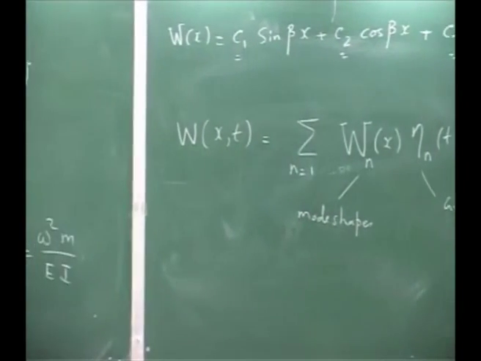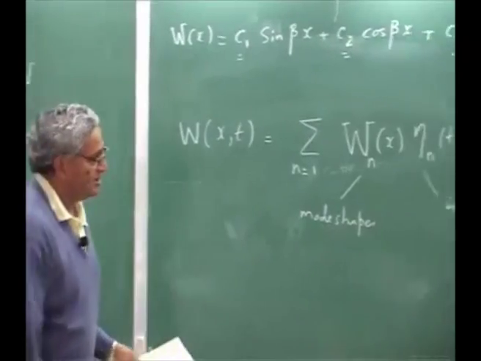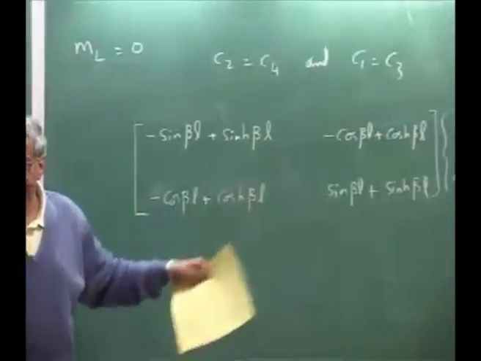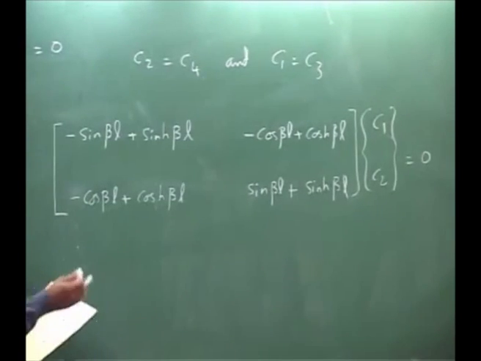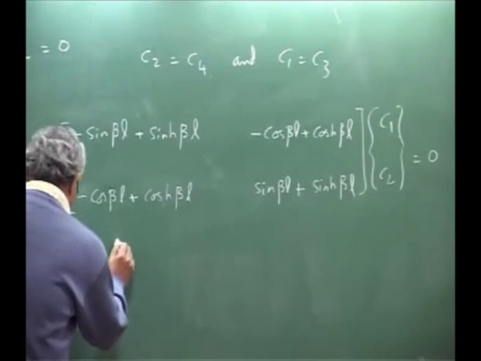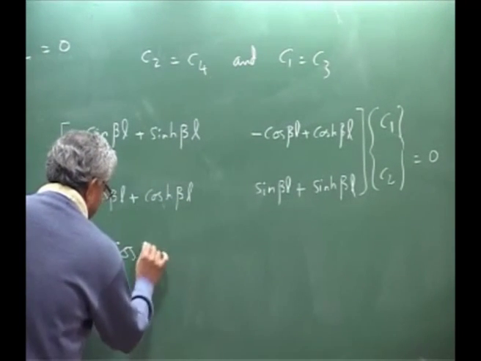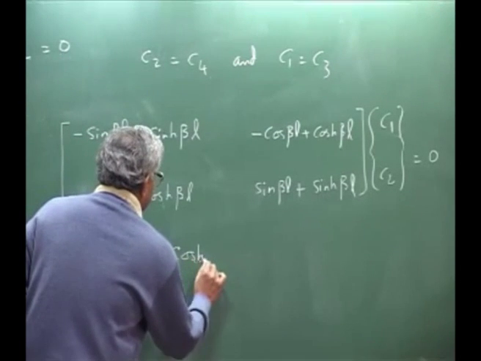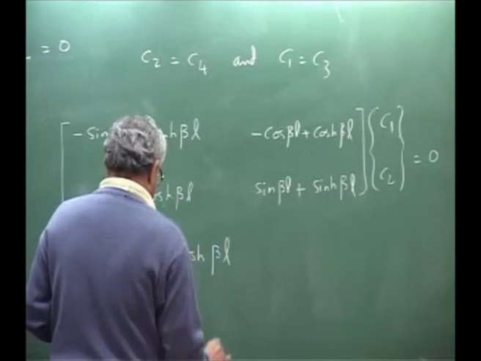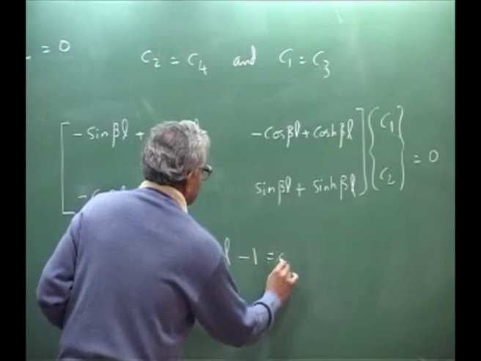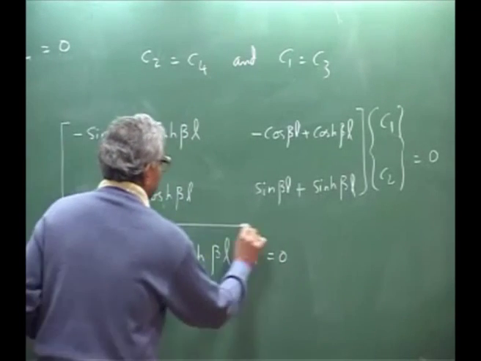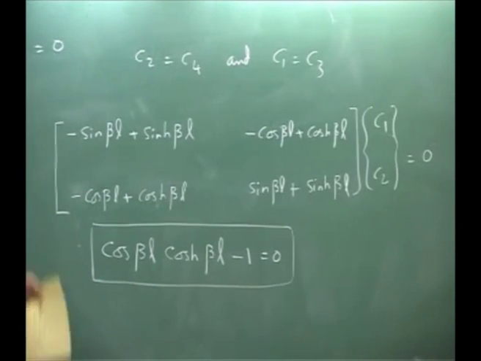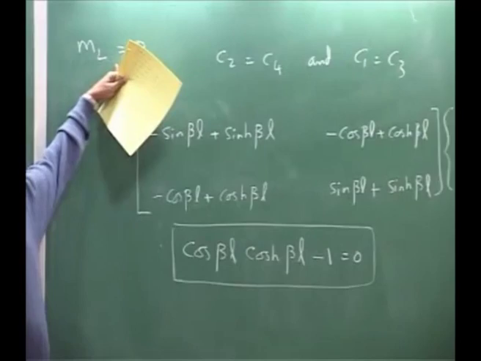Now for a non-trivial solution, the determinant has to be 0. If I get the determinant, that is your characteristic equation. I am simplifying, please understand, I am not writing all the steps. Cosine beta L cosine hyperbolic beta L minus 1 is 0. This is my characteristic equation, ML is 0.